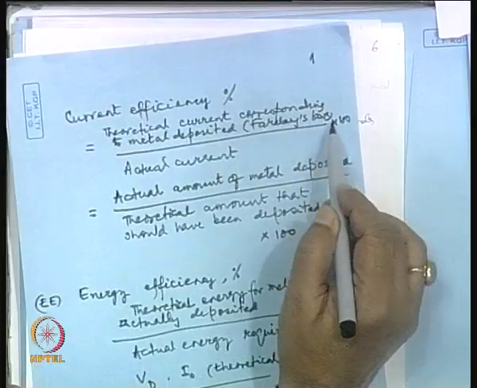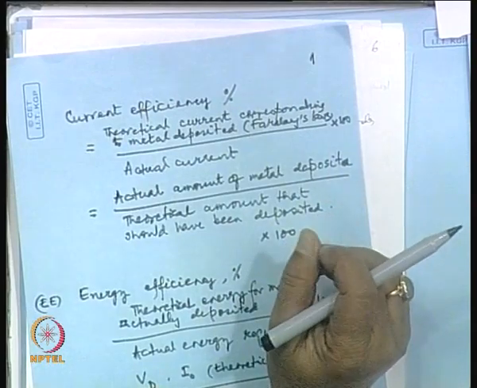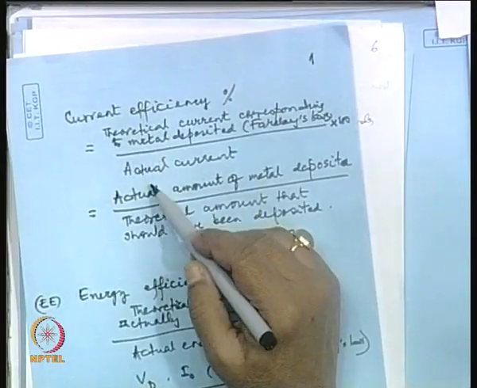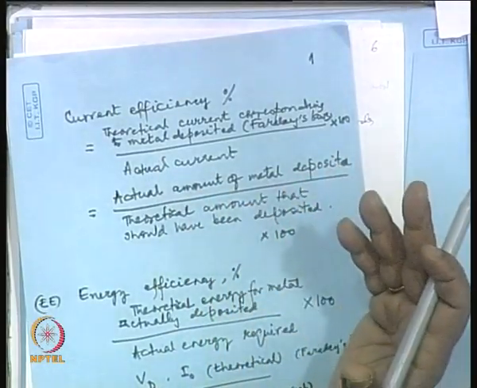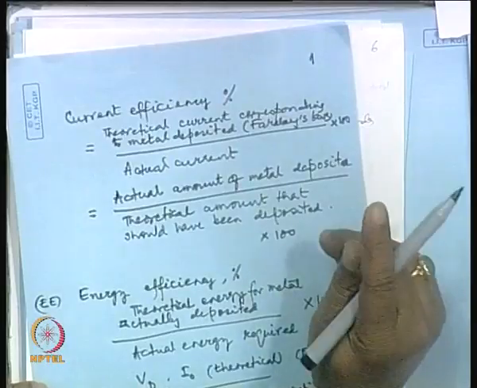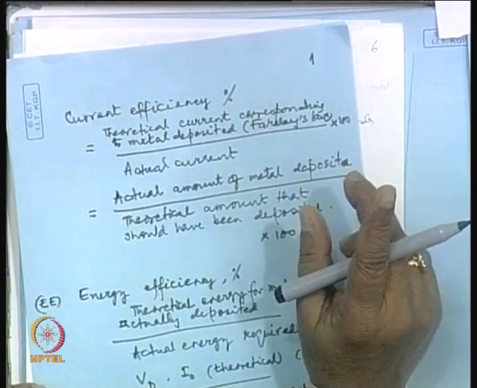You have during electrolysis produced a certain amount of metal. Using Faraday's laws, we can find out what is the theoretical current requirement, and we divide it by the actual current requirement, because you need more than the theoretical current requirement. Into 100 will give us the current efficiency.